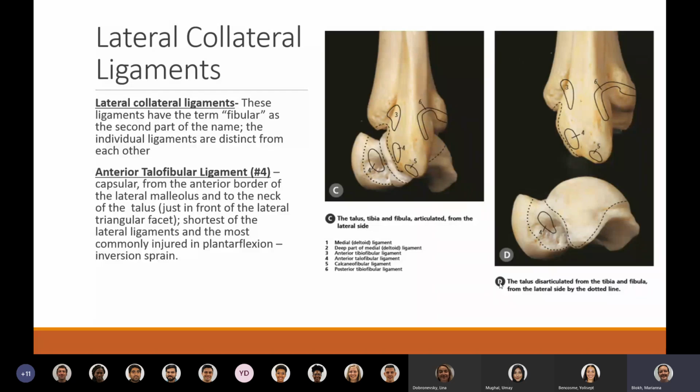So for the ATFL, anterior talofibular ligament, you could review the insertions by yourself. But what's important about it? Of the lateral collateral ligaments of the ankle, it's the shortest, and it's the most commonly injured in plantar flexion and inversion sprains. One of your most common injuries that will come in is an ankle sprain, right?